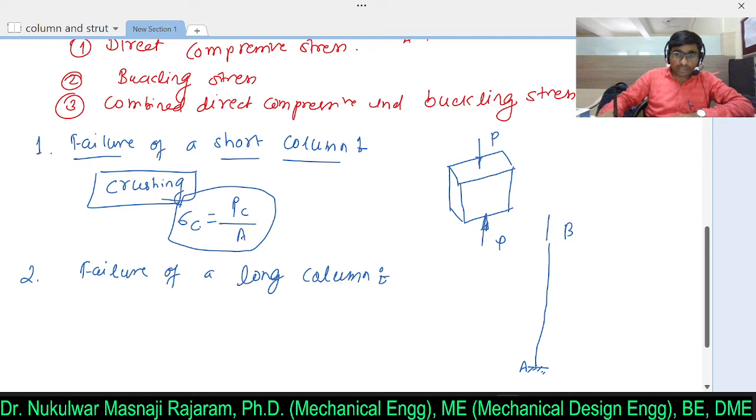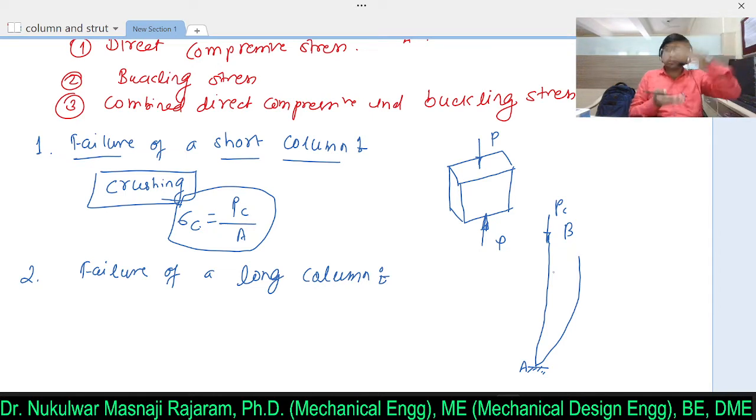When you apply a compressive force at this end, what will happen? It may buckle. Long columns do not fail by crushing. Crushing will not take place here. As you apply the compressive force, it will start to buckle.